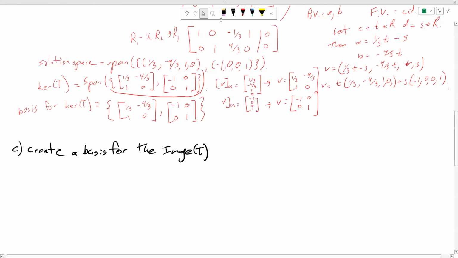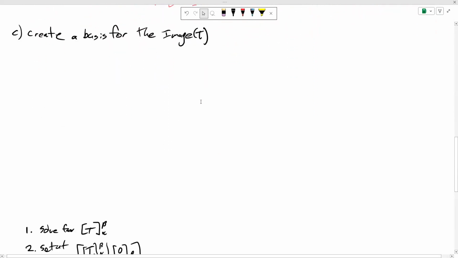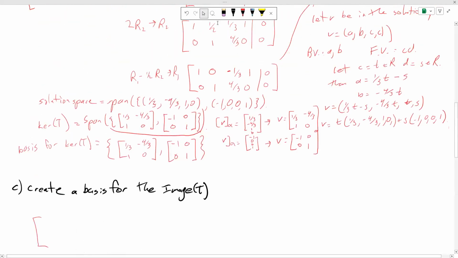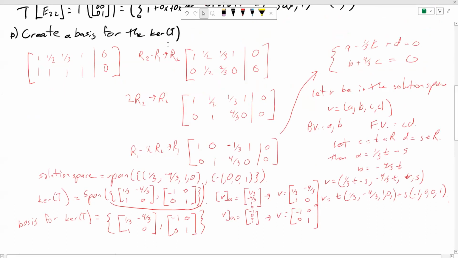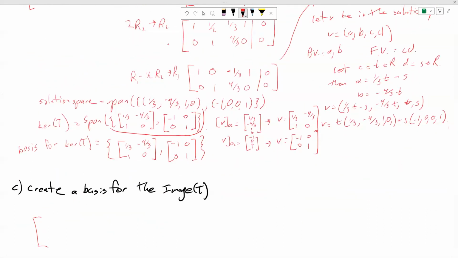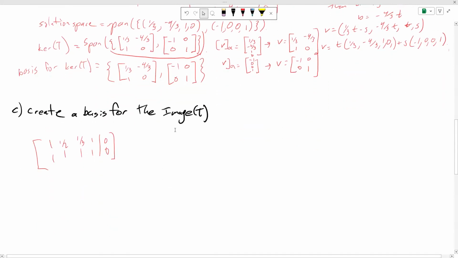And now we're going to be looking at creating a basis for the image of T. And to create a basis for the image of T, we look at our column vectors that we had for our matrix representation, and we want to span the column space.